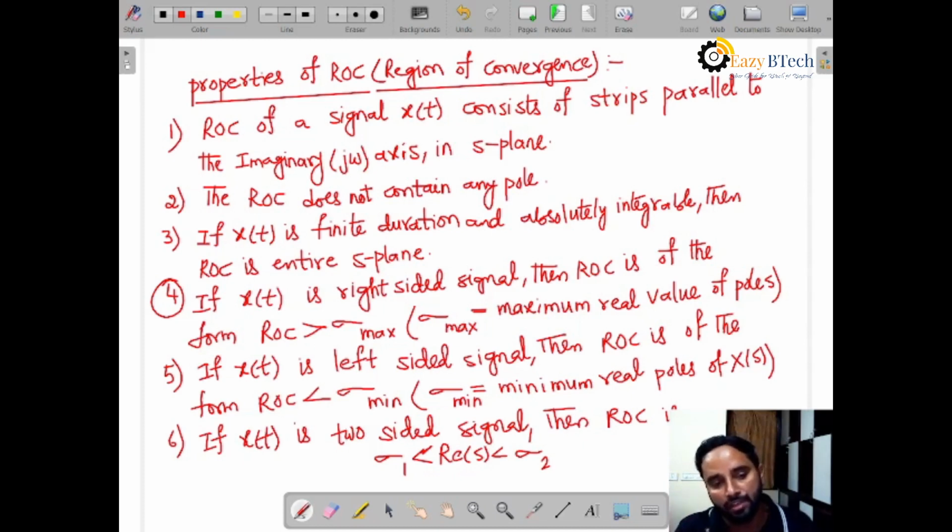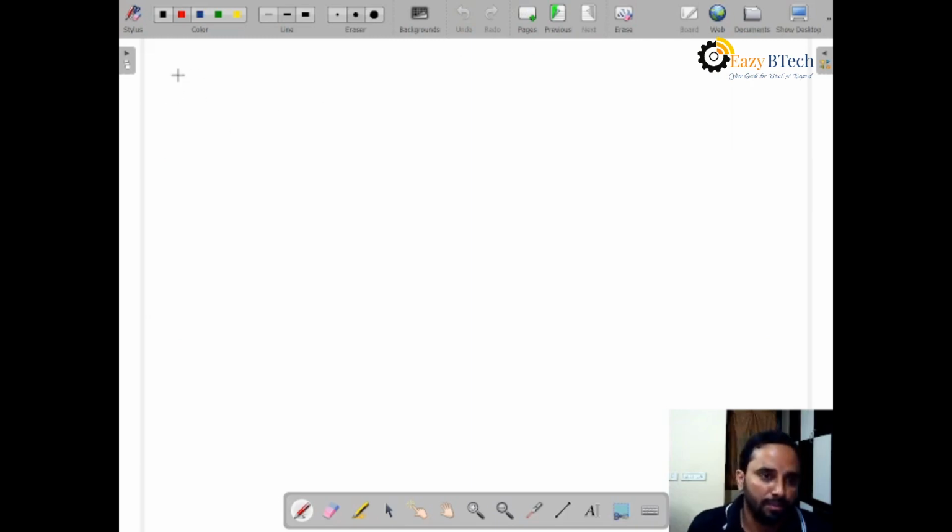Fourth, if x of t is right-sided, ROC is also right-sided, greater than sigma maximum, the maximum real pole of x of s. If x of t is left-sided, ROC is also left-sided, less than sigma minimum, the minimum real pole of x of s. For a double-sided signal, ROC is like sigma 1 to sigma 2. These are the properties. Let's have another problem.